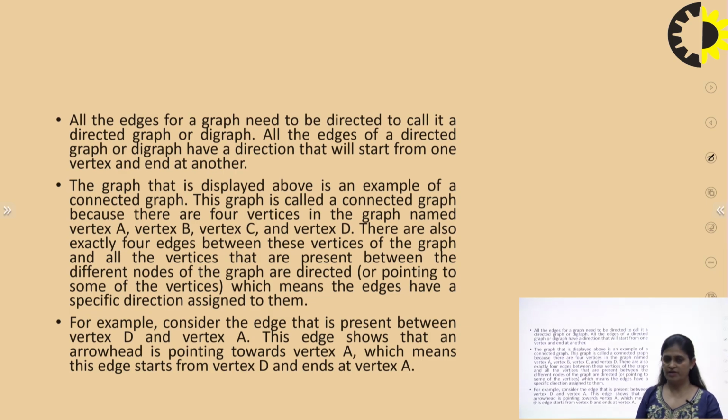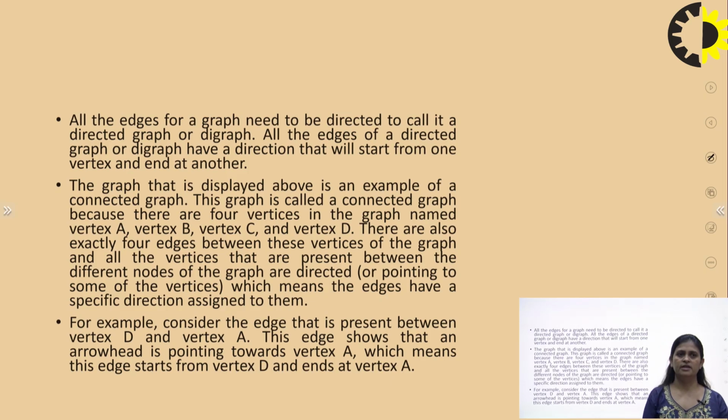As we saw in our previous graph, all the edges of the graph need to be directed to call it a directed graph or a digraph. All the edges of a directed graph have directions that start from one vertex and end at another.